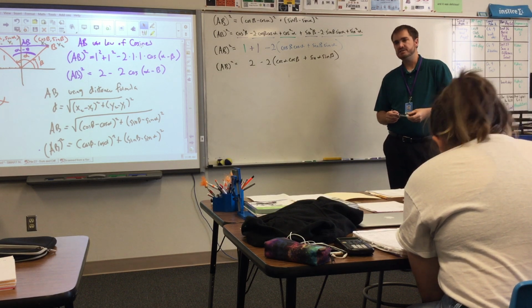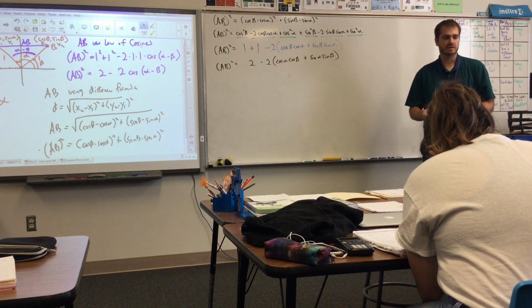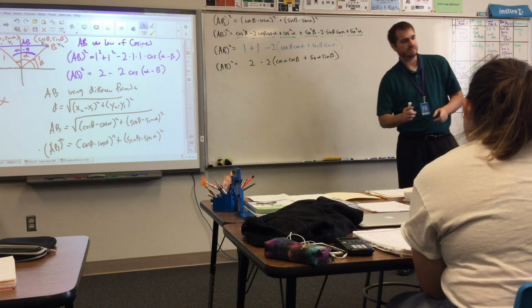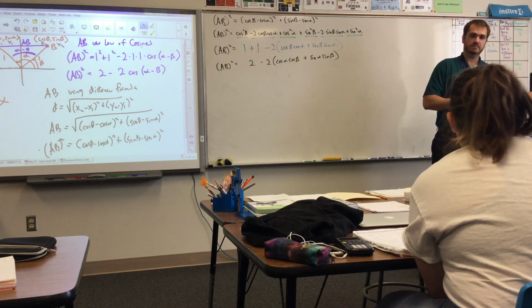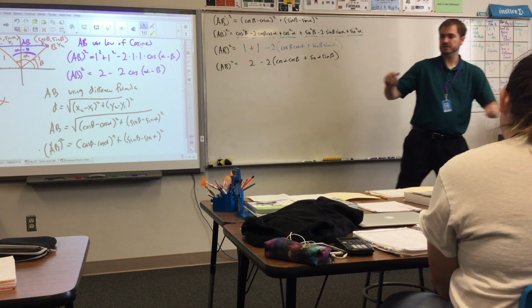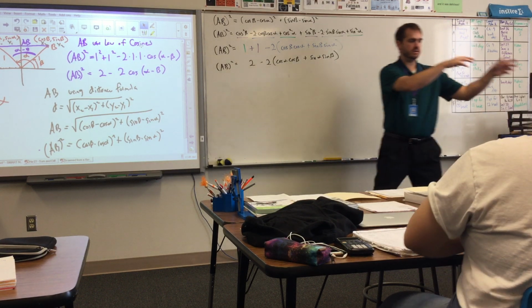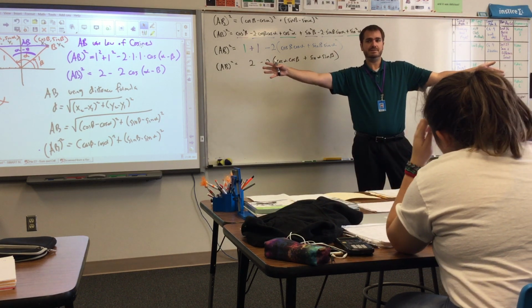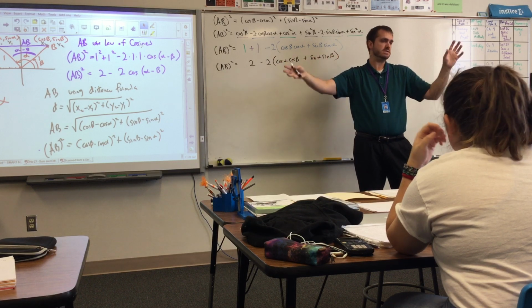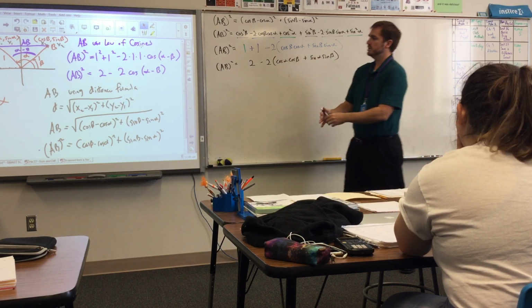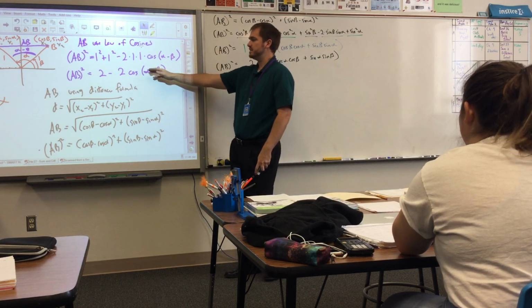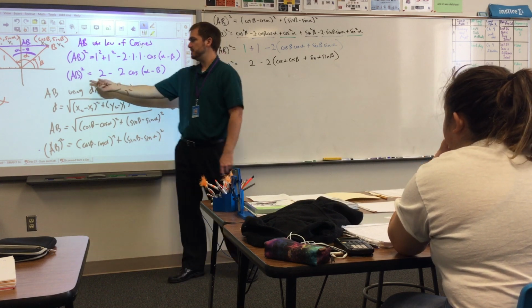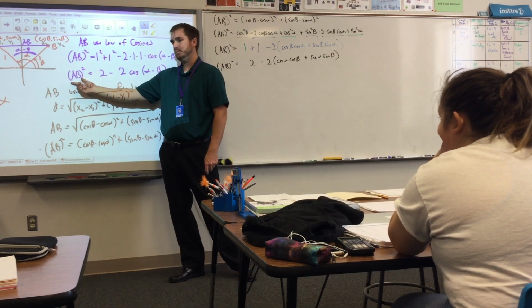All right. Next up, transitive property. Transitive property says if A is equal to B and B is equal to C, then A is equal to C. So, back here from the law of cosines, I had this, 2 minus 2 cosine (alpha minus beta) is equal to AB squared.